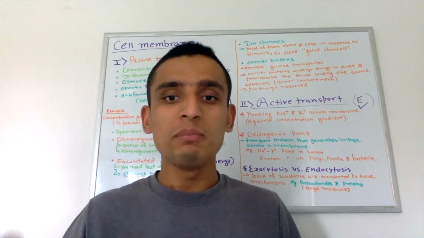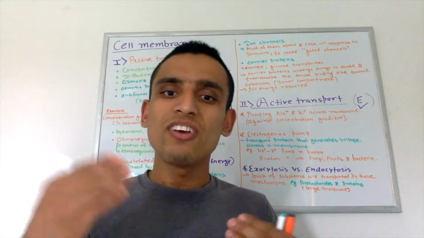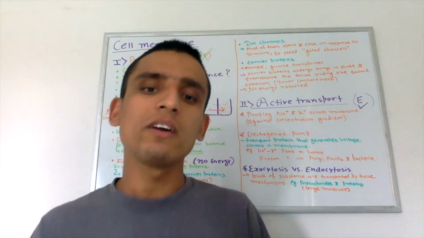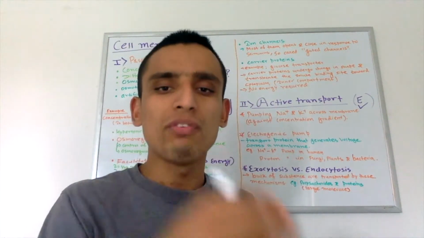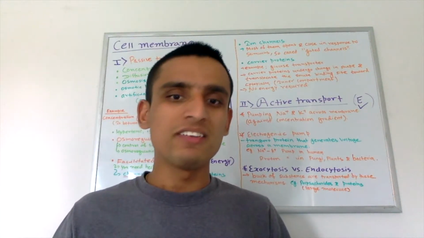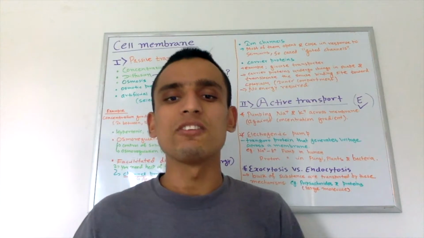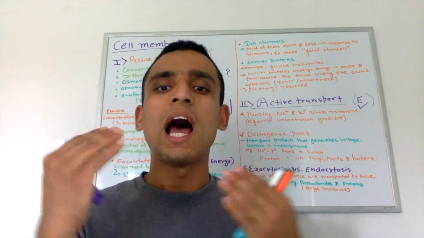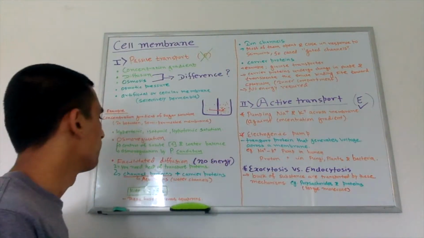The outside environment, the pond water, is usually hypotonic, and the inside of the paramecium is hypertonic. So water goes inside the paramecium very fast. But the paramecium has a natural control on that: it has a contractile vacuole that pushes the water out of the cell. That's how the paramecium performs osmoregulation.